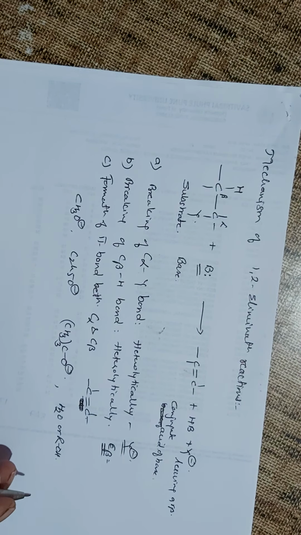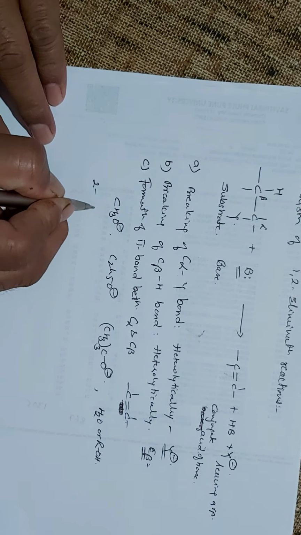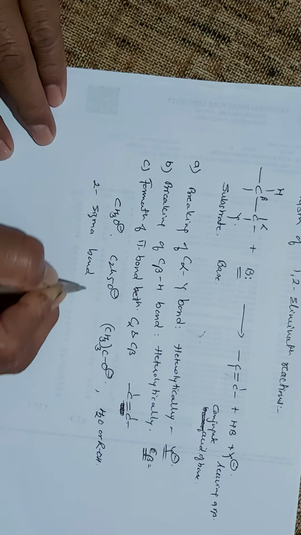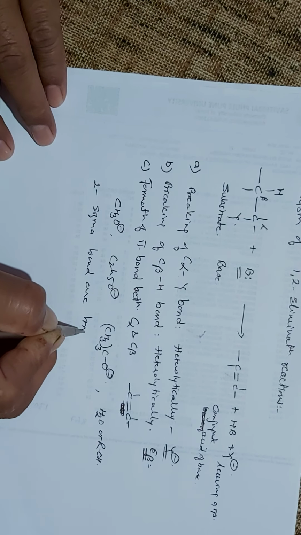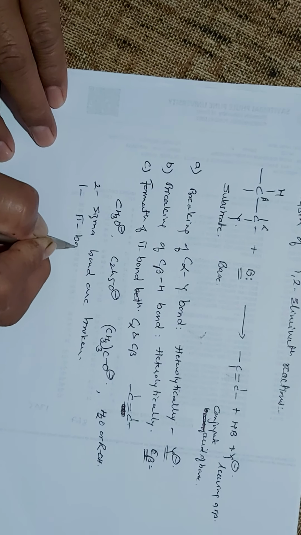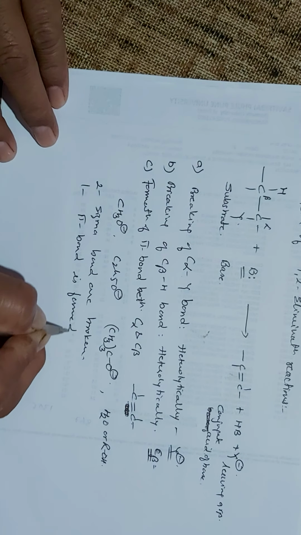Now, in general, two sigma bonds are broken and one pi bond is formed in this overall reaction.